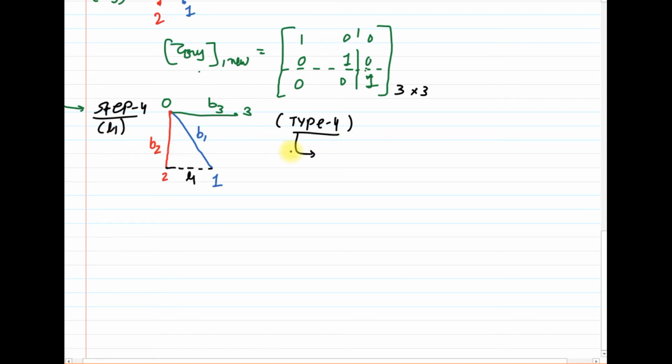Let me remind you again, which I have already discussed, that we have two old buses I and K. Here we have two old buses, 1 and 2.